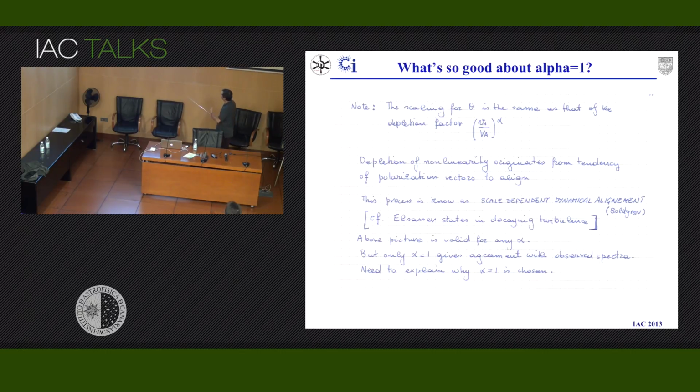Notice, however, that in some sense the above picture is valid for any alpha, but it's only alpha equal to 1 which gives the correct agreement. So it will deplete anything, but why is it alpha equal to 1? What's so good about alpha equal to 1? Why is it that this angle has to scale in this crazy way?